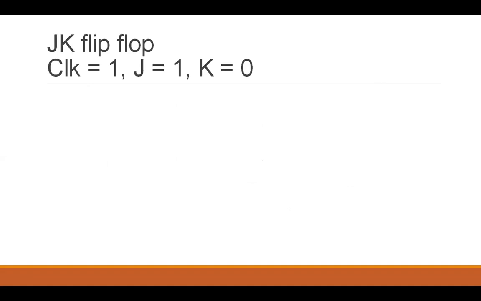Then we can have a case where clock is 1, J is 1 and K is 0. In all the cases that I'm going to analyze here, the clock is always going to remain 1. No use evaluating the clock 0, it is just the previous state continuing. So my set bit is 1 and my clear bit is 0.